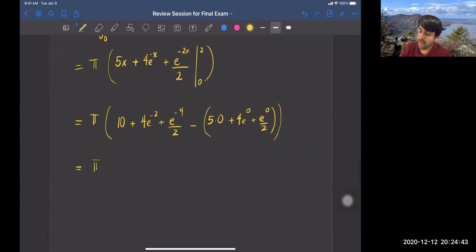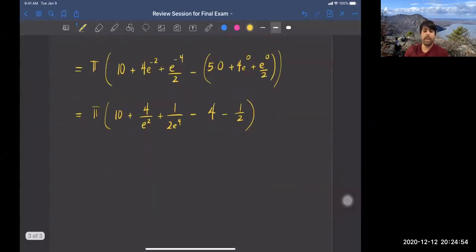So this becomes pi times 10 plus 4 over e squared plus 1 over 2e to the fourth, minus 4 minus 1/2. 10 minus 4 is 6, minus a half is 5.5, which should be what?